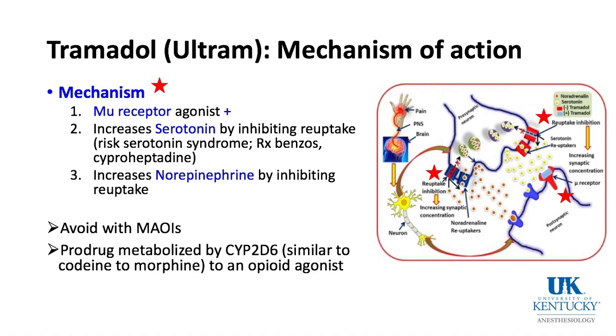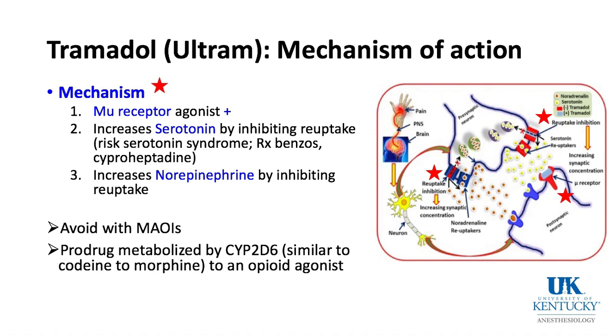And the serotonin syndrome can be treated with benzodiazepines and a serotonin blocker called cyproheptadine. Serotonin syndrome is a risk with tramadol. Now, MAOIs, or monoamine oxidase inhibitors, like phenelzine as an example, are occasionally used in patients with intractable depression, Parkinson's disease, and other areas, used in psychiatry occasionally.